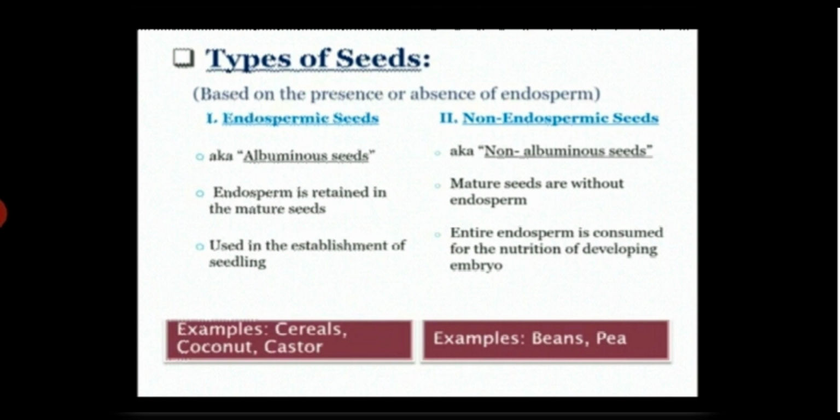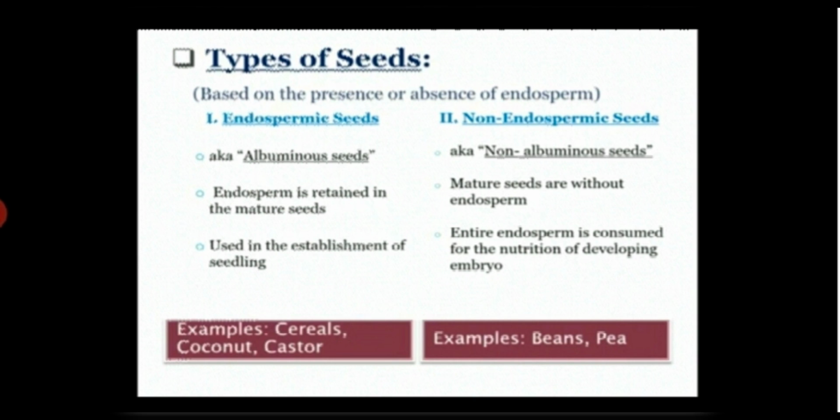Types of seeds. Based on the presence and absence of endosperm, as I already told you, seeds are classified into two types: endospermic seeds and non-endospermic seeds. These endospermic seeds are also called albuminous seeds.